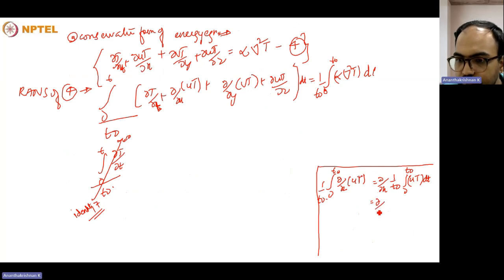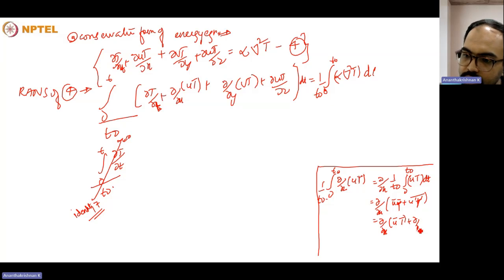So it will be ∂/∂x of U bar V bar plus U dash V dash bar. Instead of V, you can write it as T. So we have two terms. That will be ∂/∂x of U bar T bar plus ∂/∂x of the average of the fluctuating quantities, U dash T dash bar. You can denote this by equation 5. There was a slight confusion, sorry for the trouble.